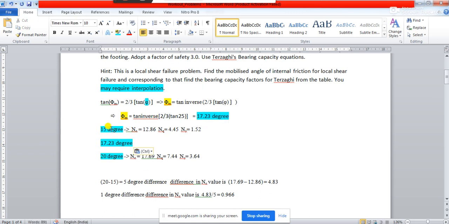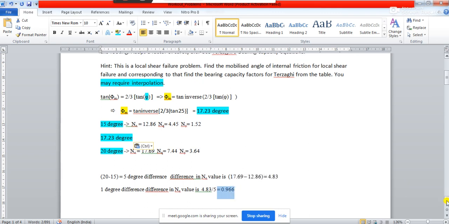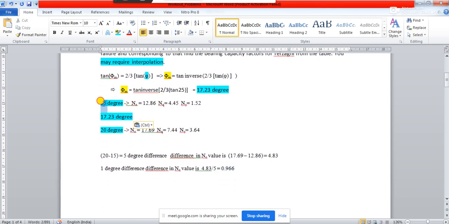So for 15 degree you have a value of 12.86. For 20 degree you have a value of 17.69. So for every 1 degree difference you have a difference in value of 0.966. So from 15 degree to 17.23 degree, how much is the difference?